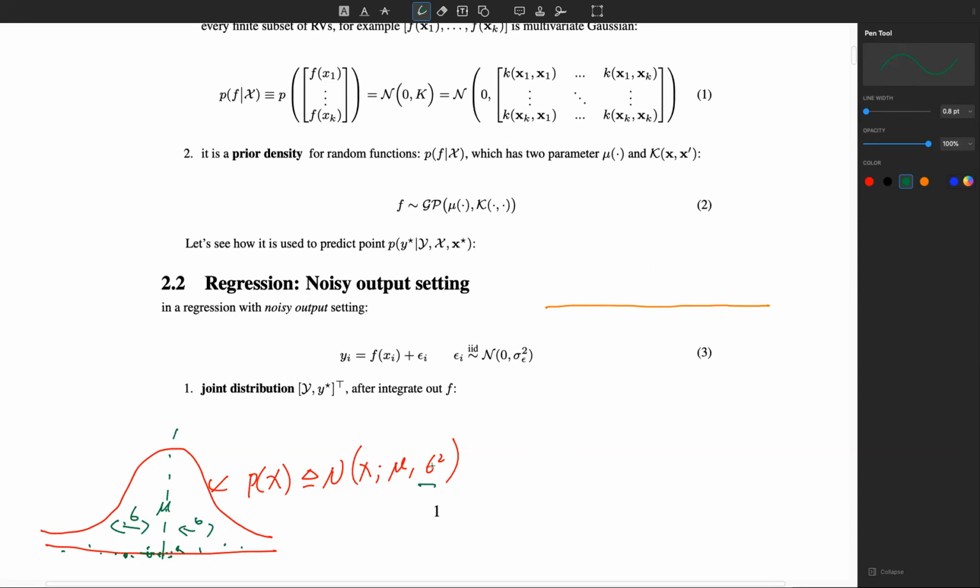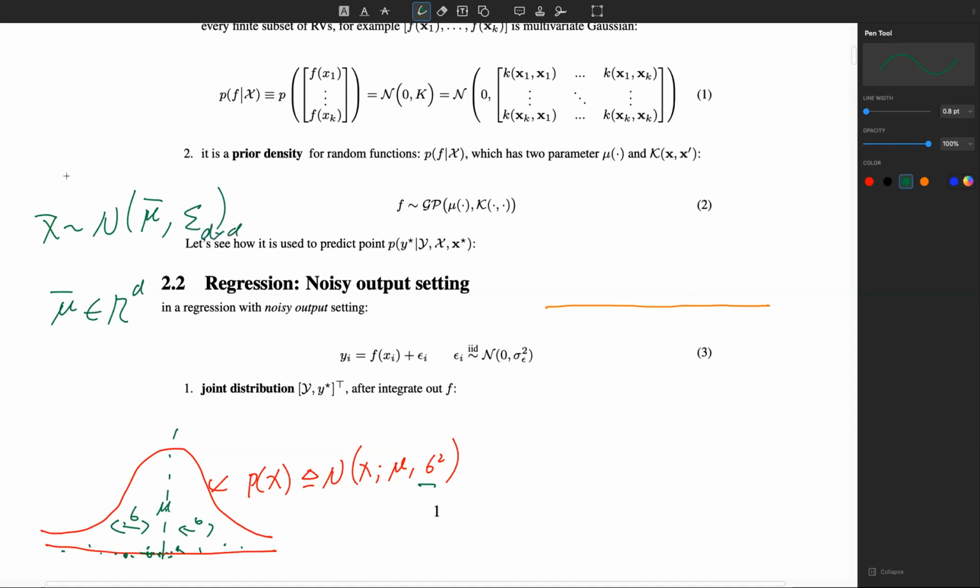Every time you draw a sample from a distribution, you get a sample with the dimensionality dictated by that distribution. For example, a Gaussian distribution can be multidimensional as well. Just imagine that you have a Gaussian that is d-dimensional, and you have a covariance matrix which is d by d.